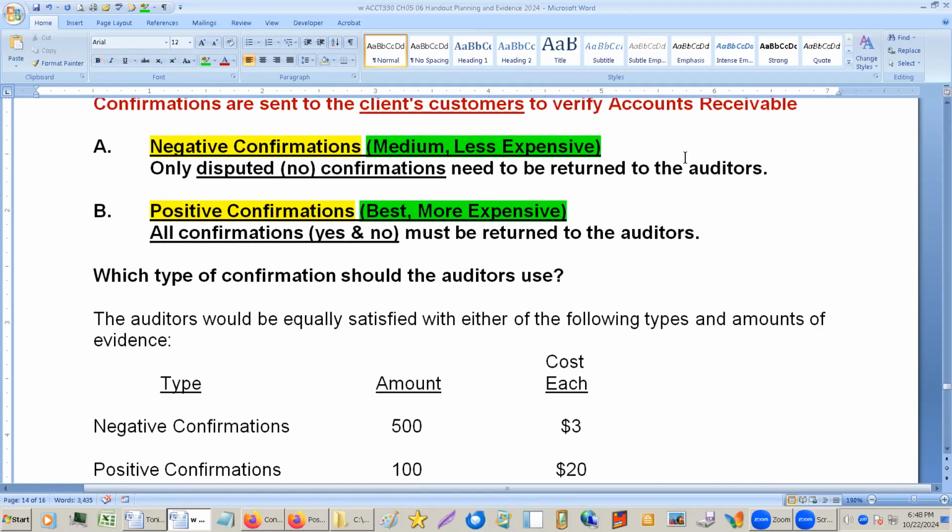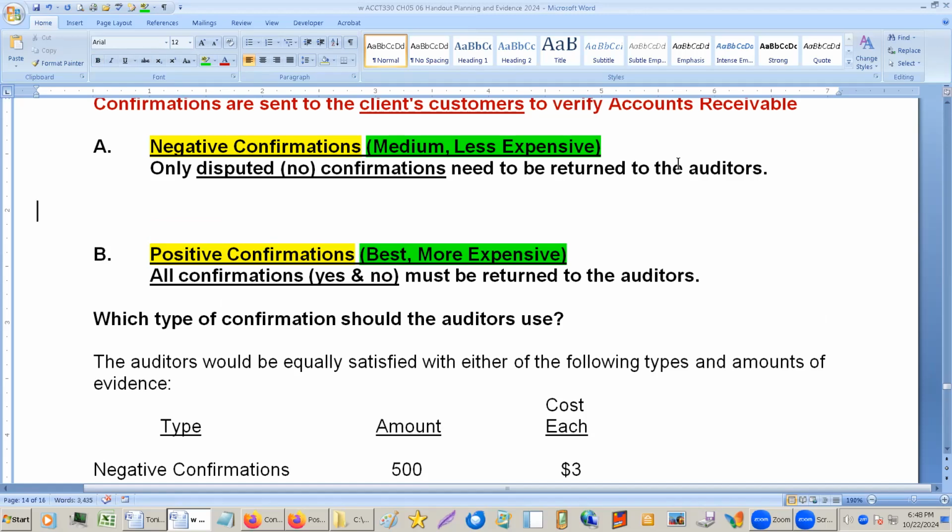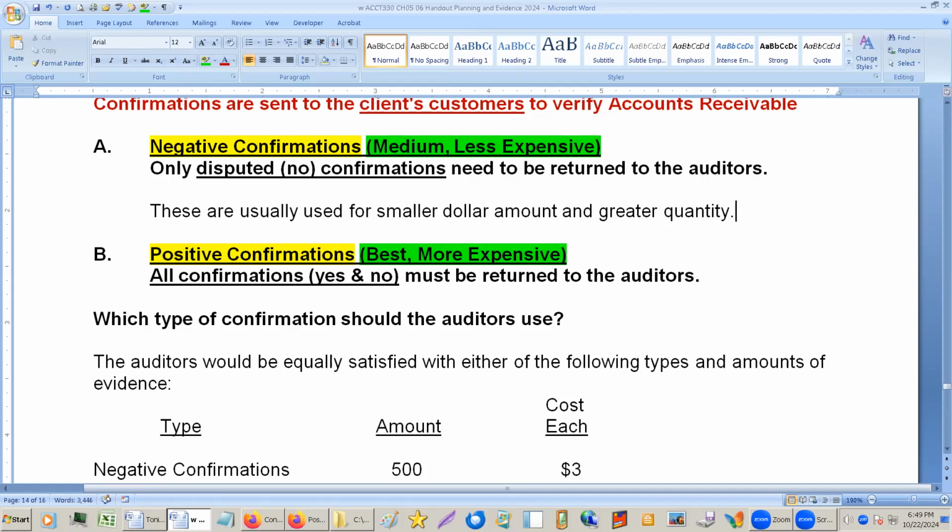I'm going to add something here. When are negative confirmations used?